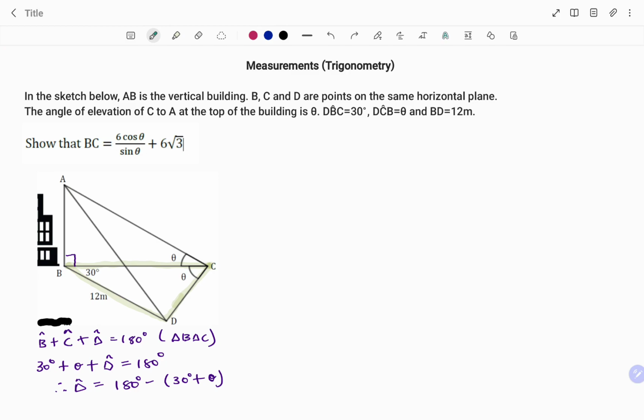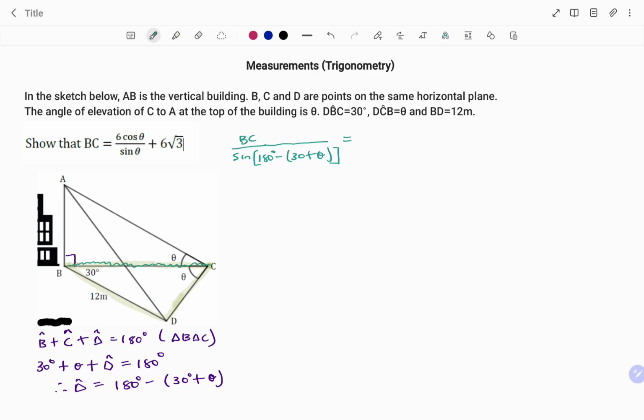Going back to the question, we have to show that the line BC equals the expression as shown. So we're looking for what the value of BC will be, and using our sine rule, we have the side BC over the sine of the angle facing BC, and in this case that's D, and we have that as sine (180 minus (30 plus theta)). I'm going to extend my fraction bar.